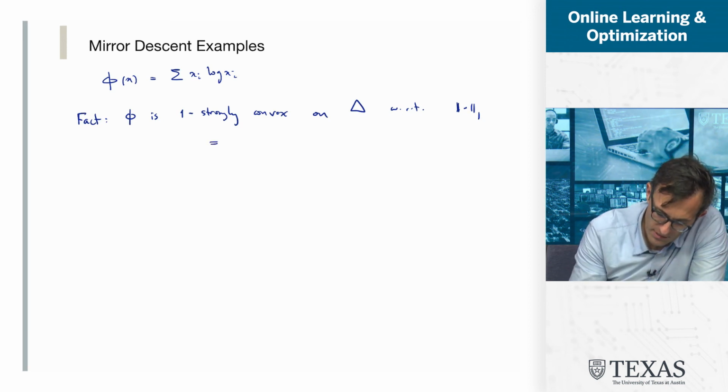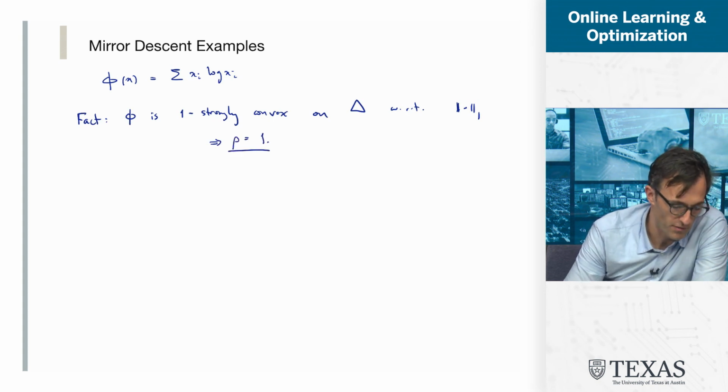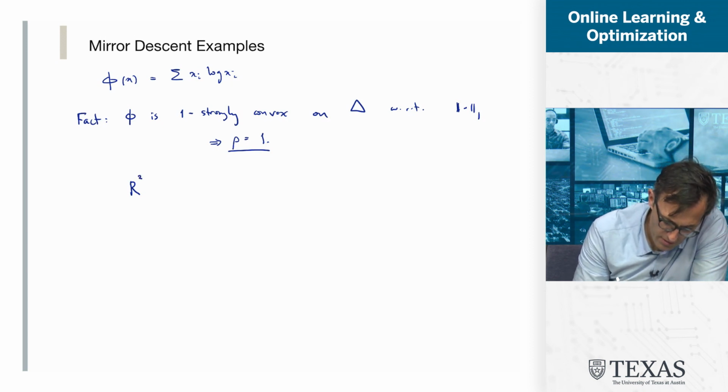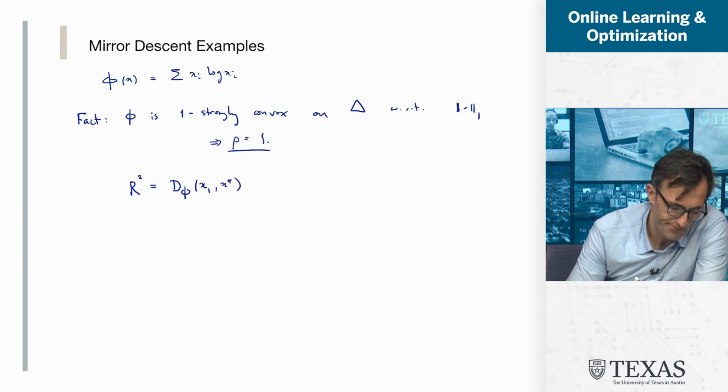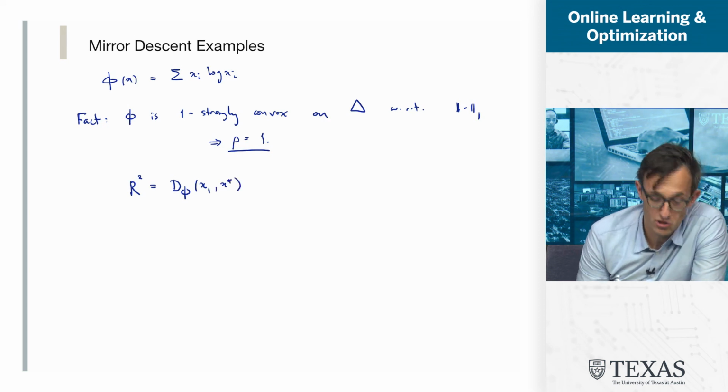So this tells me that rho is equal to 1. What about R squared? That's the other element that goes into the bound. We know that L is equal to 1, we know that rho is equal to 1, and R squared by definition is the Bregman divergence between our initial point and x star.